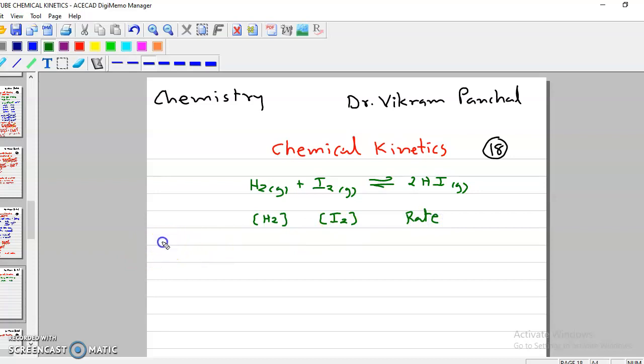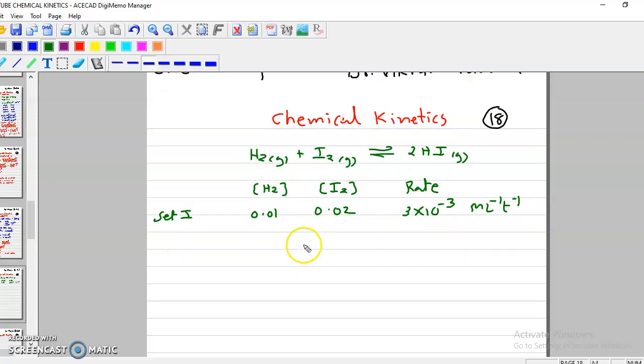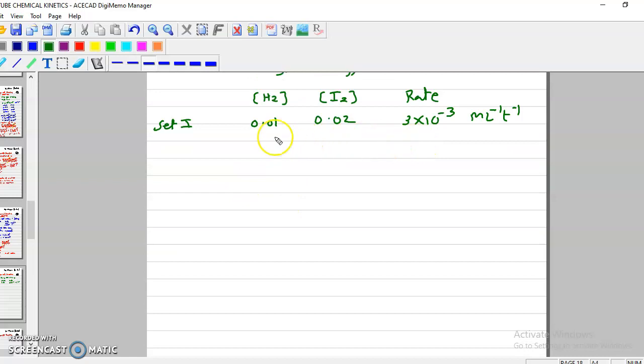Here in set 1, let us take moles of hydrogen 0.01, moles of iodine 0.02, and here we found the rate of reaction 3 into 10 raised to minus 3 mole per liter per time. These are experimental facts, okay?